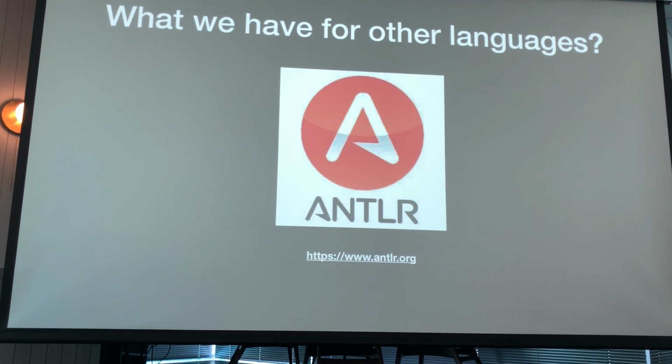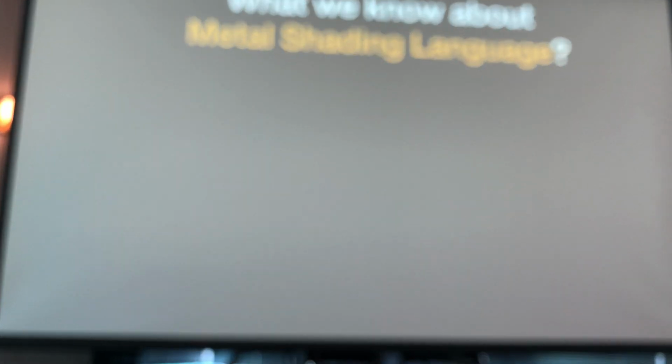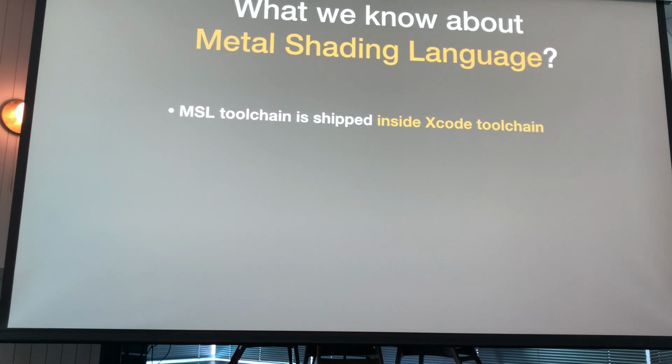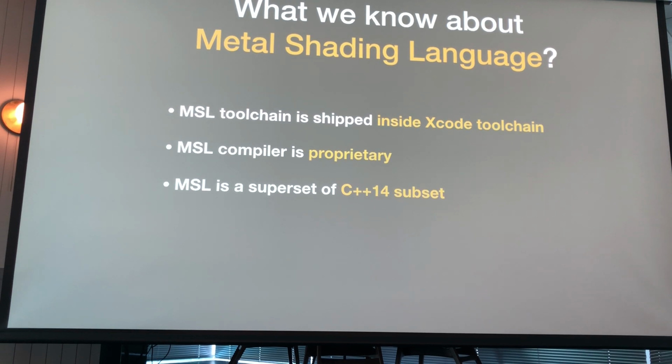So I started to look at other ways of parsing Metal shaders by leveraging existing tools. And for that, we first have to see what we know about Metal shaders. Metal shaders are known to be shipped inside Xcode, so the compiler comes with Xcode. The compiler is proprietary, so unlike the Swift compiler, it's not open source, it's closed source. Metal Shading Language is a superset of a C++ subset. So basically it's C++ with some features added and some features removed.